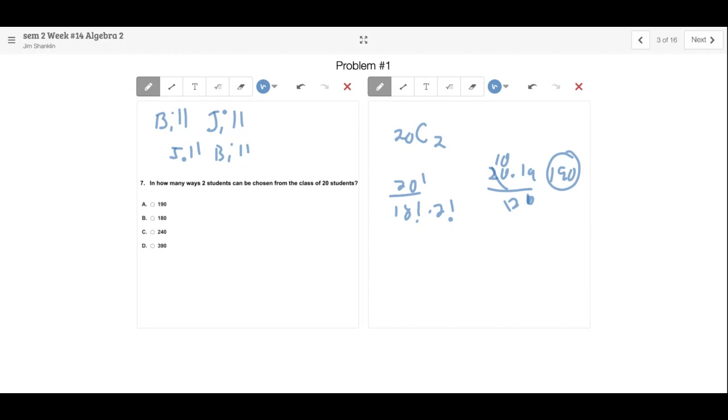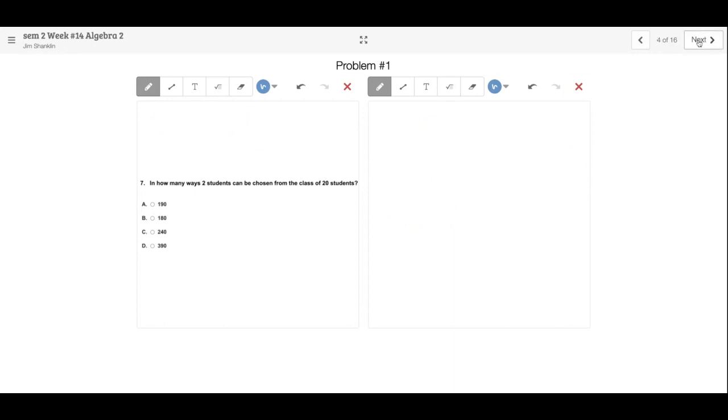All right, so fairly easy. It's not difficult. Okay, problem number 2. It says at a high school cafeteria, diners can choose 1 vegetable from a choice of 5 vegetables, 1 meat from a choice of 2 meats, 1 serving of bread from among 2 breads, and a dessert from 3 desserts.